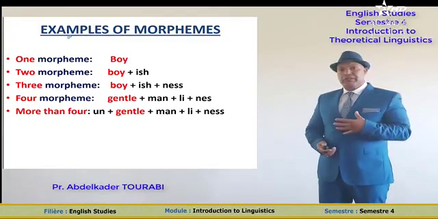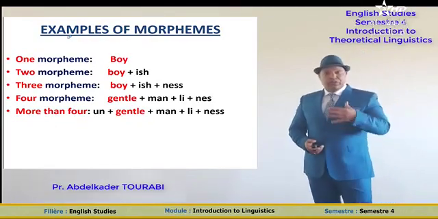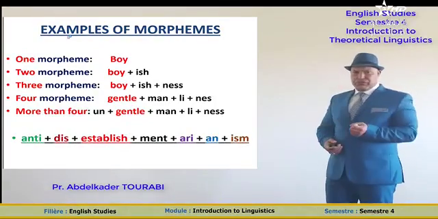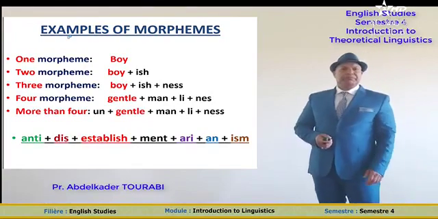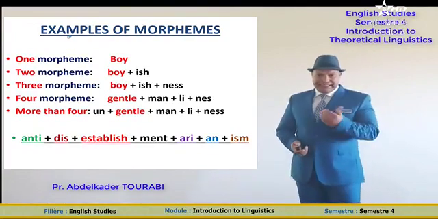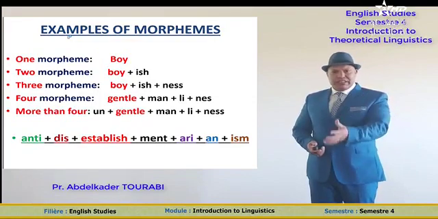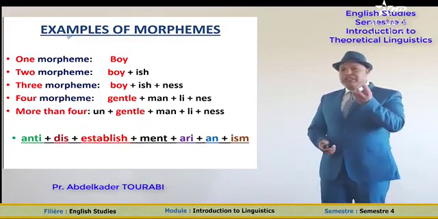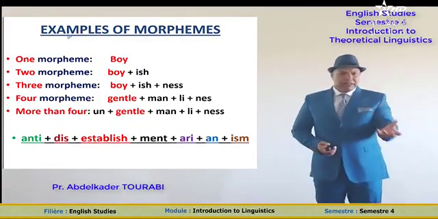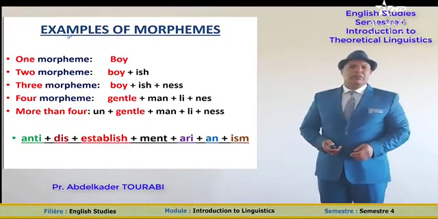But sometimes we can form or construct a word with more than five, six, seven morphemes, like the word in front of us: anti, dis, establish, ment, ar, ian, ism. If we take this word, it consists of seven morphemes. We take the word establish, we can add to it dis, we have disestablish, disestablishment, antidisestablishment, until we finish the whole word.